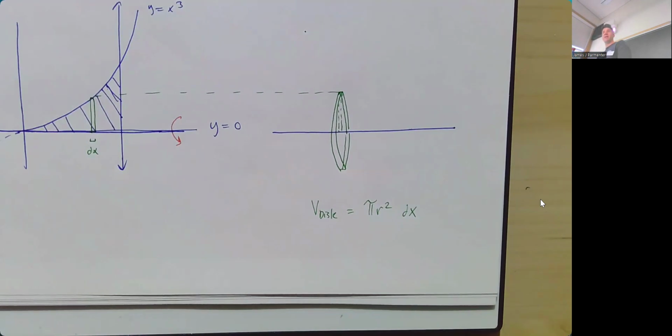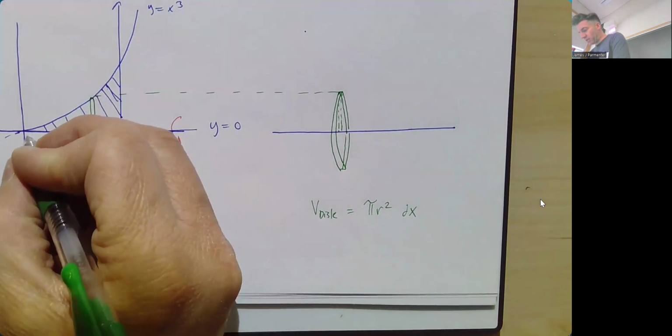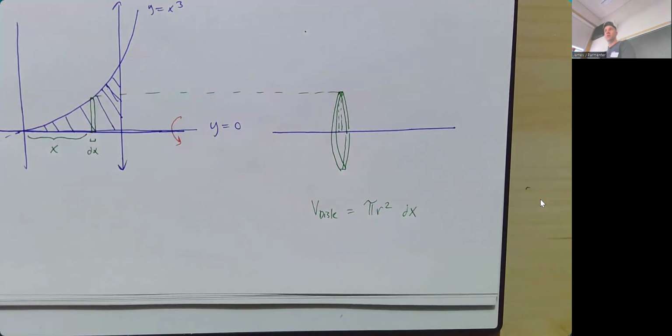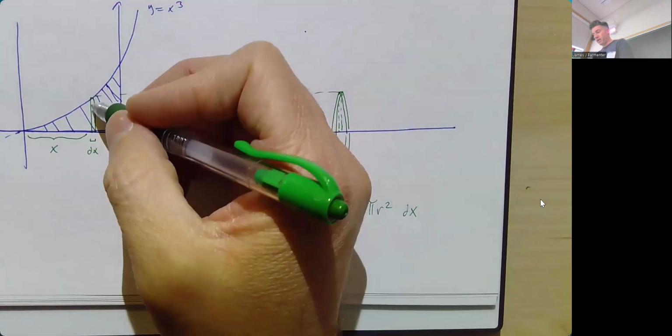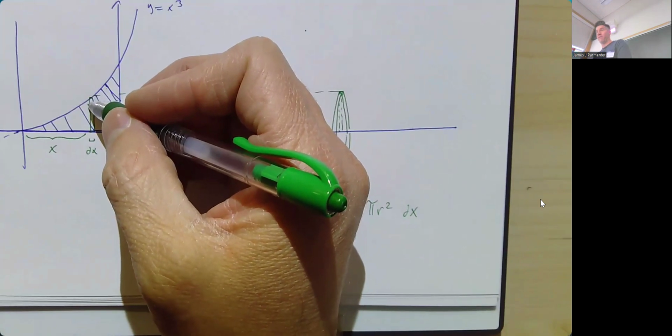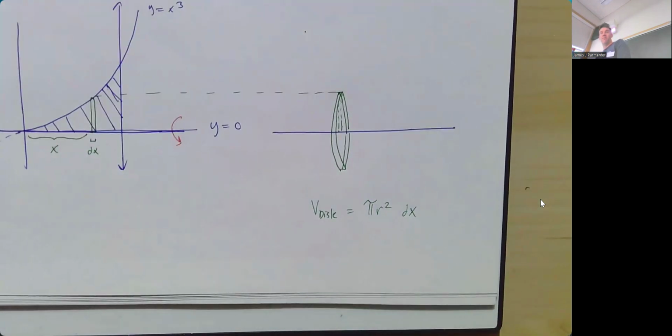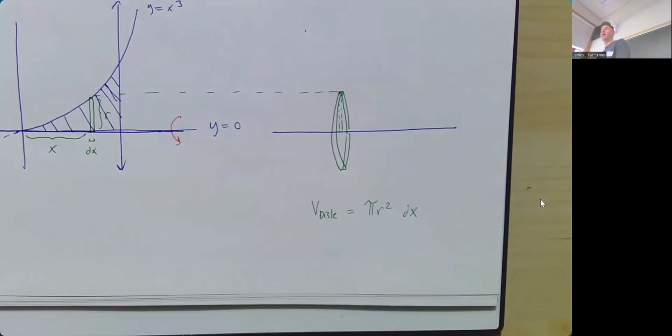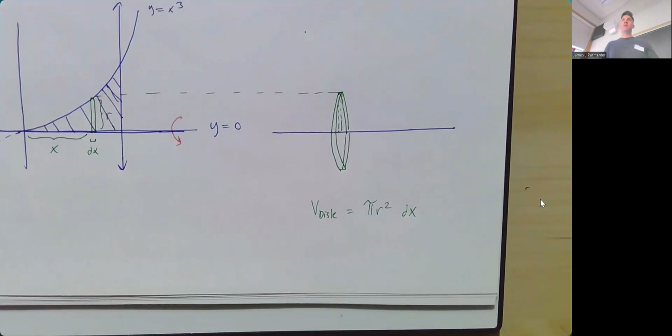What's the radius of my disk? Well, it depends on what point I have picked in my region here, right? If I go a distance of x from the origin, then the height here depends on how far I am, right? The further right I go, the larger my radius actually is. It's just the function. So the radius here is going to be x cubed, right?